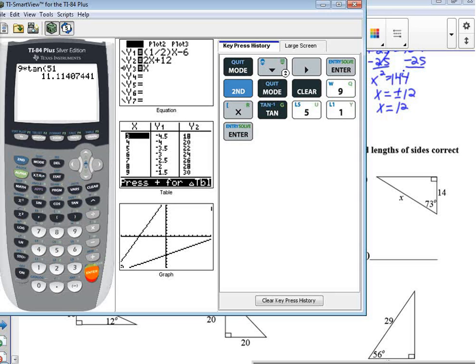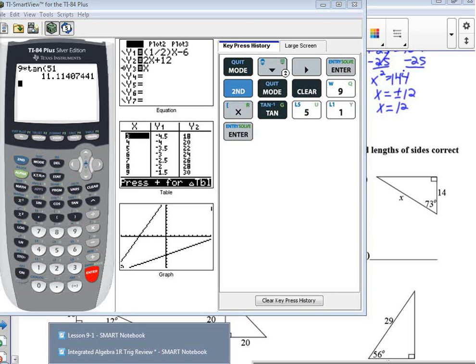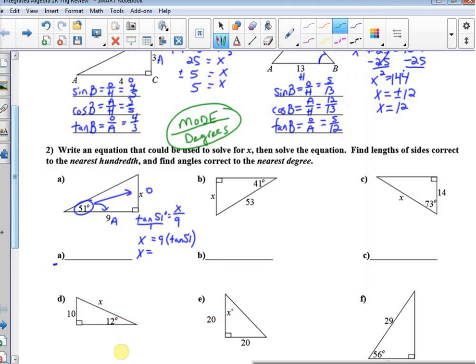And you should get that value. So to the nearest hundredth, that should be 11.11. So it's 11.1140. So we would say that x is approximately 11.11 because it said to the nearest hundredth.